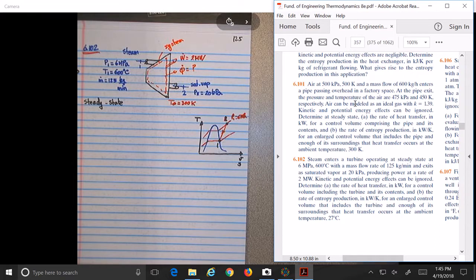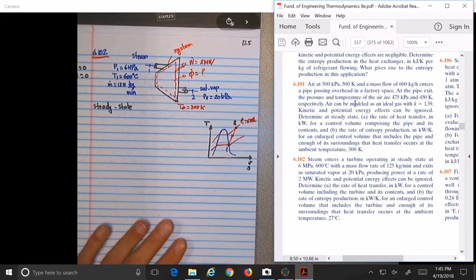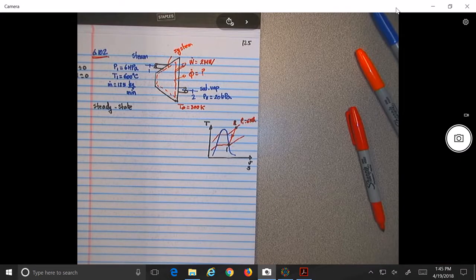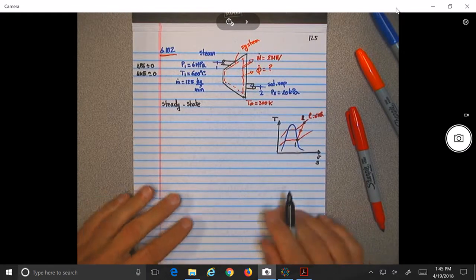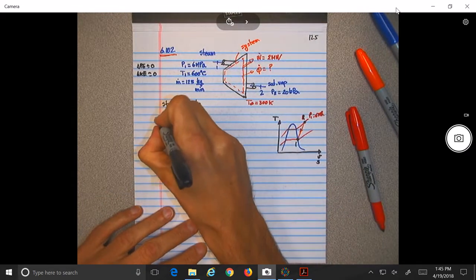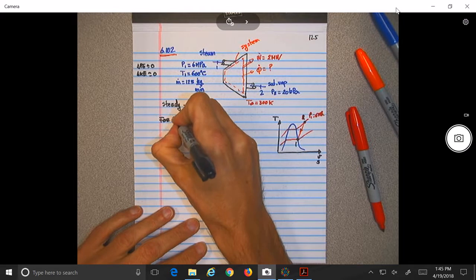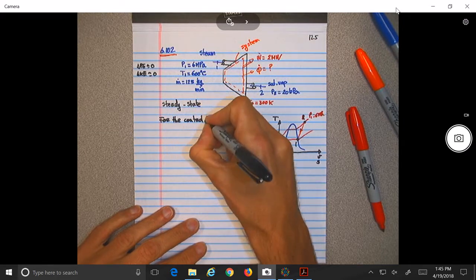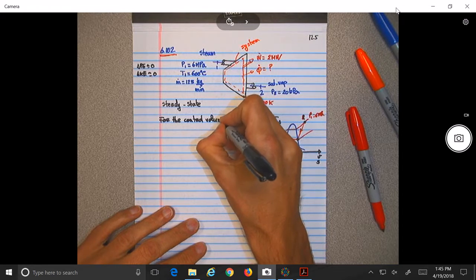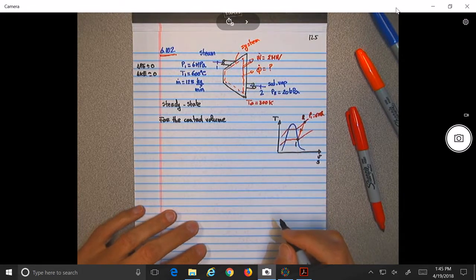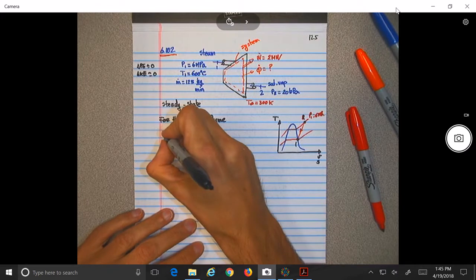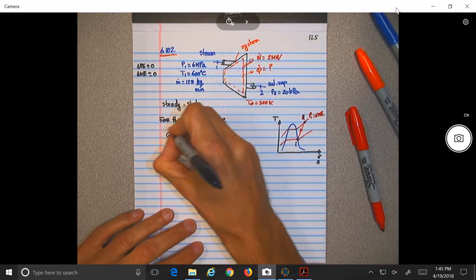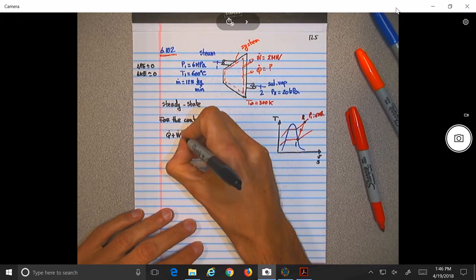All right. Now, for the control volume, I can write down the first principle of thermodynamics. That will be what? Q dot plus work dot plus what?